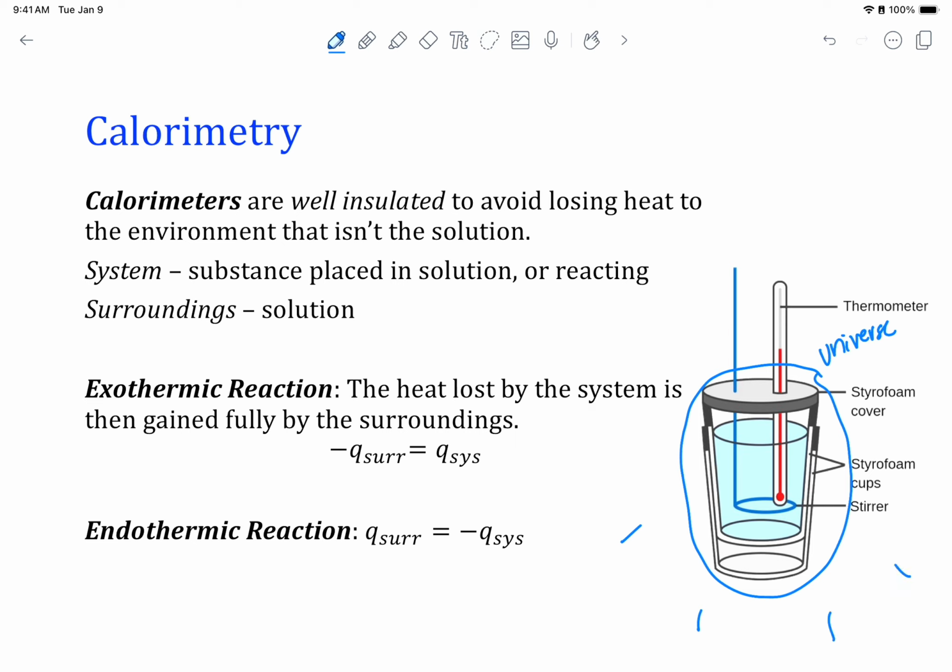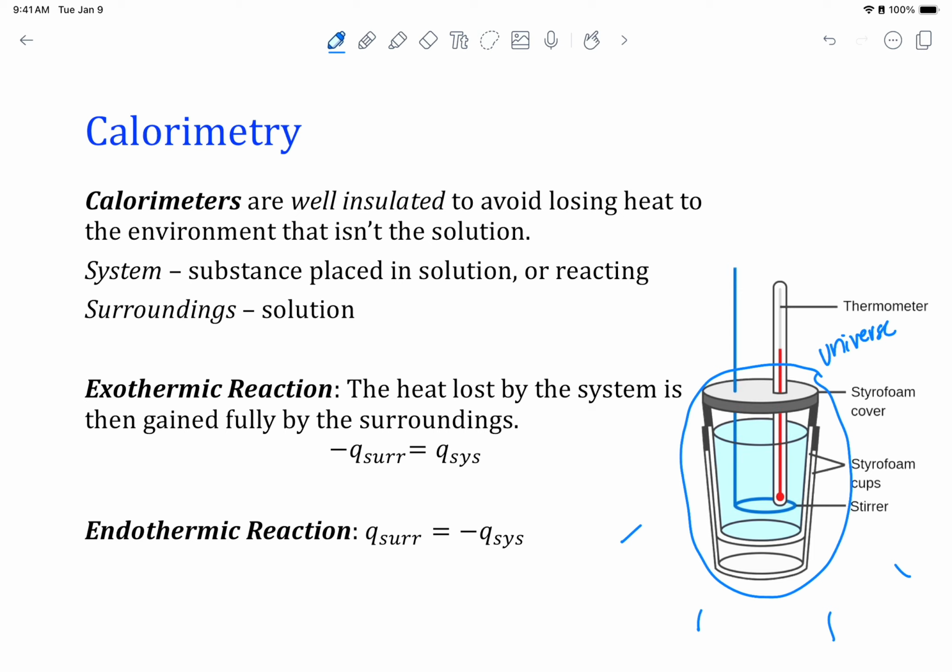It's irrelevant. So in this case, our system is whatever substance is either being placed into solution, whether that metal or compound is, or whatever is being reacted in the solution. The surroundings is then the solution itself. And that whole calorimeter makes up the universe total. So because we are looking at system and surroundings, we have to remember that the law of conservation of energy tells us that energy cannot be created or destroyed.